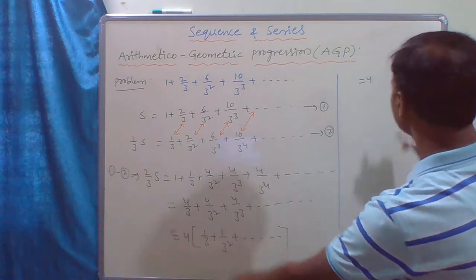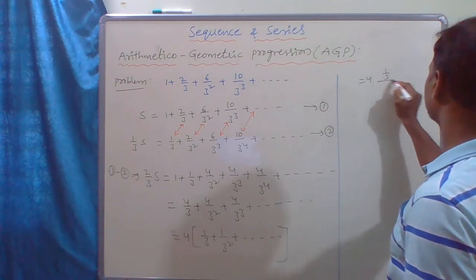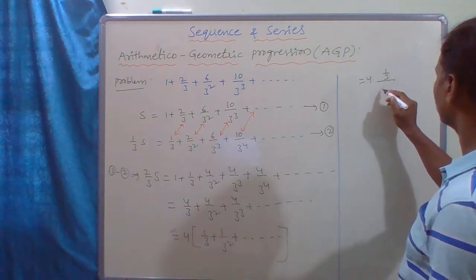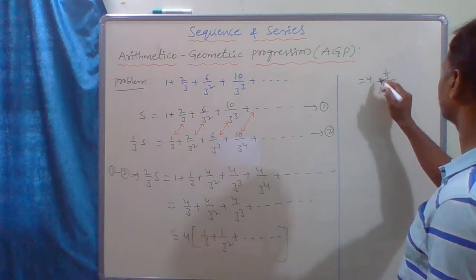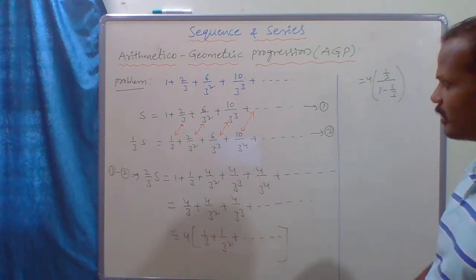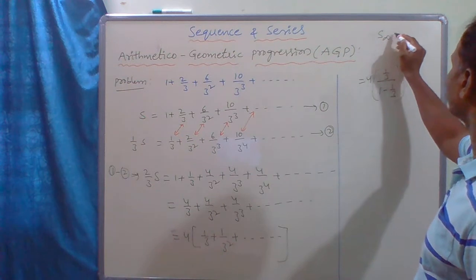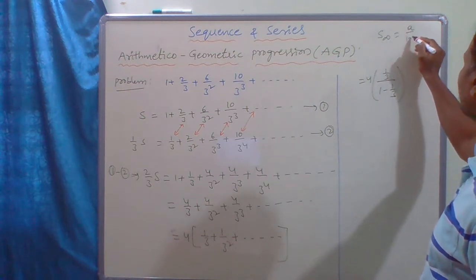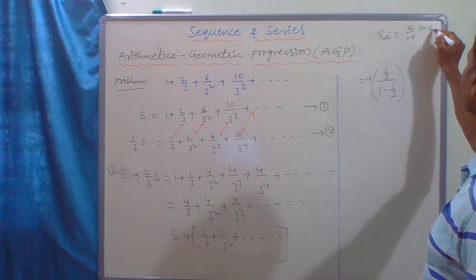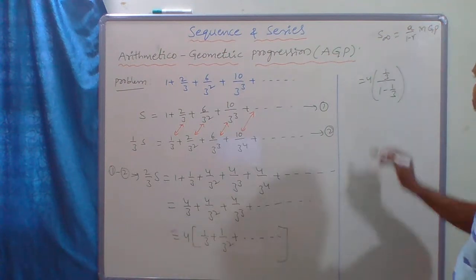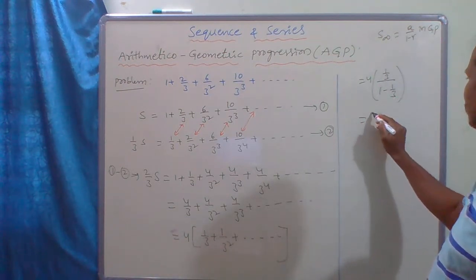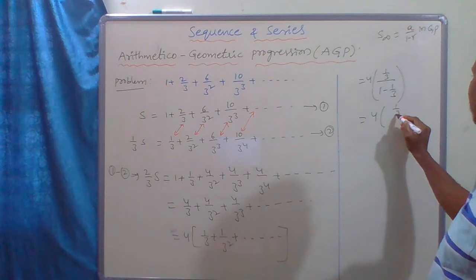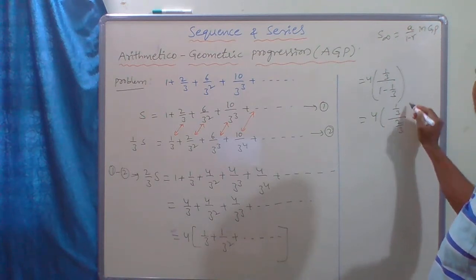So what is the value? a is 1 by 3, 1 minus r is 2 by 3. Yes, S infinity equals a by 1 minus r in GP. Okay, fine. So this is equal to 4 into 1 by 3 by 2 by 3.